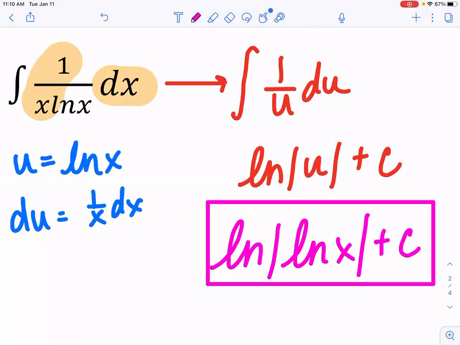No, because the 1 over x dx gets replaced with du, which is u. So I wrote 1 over u.